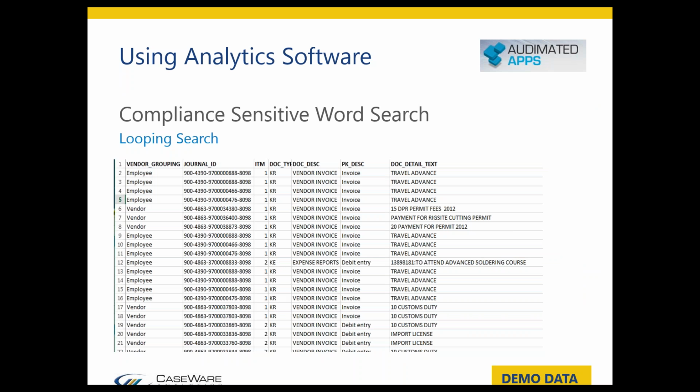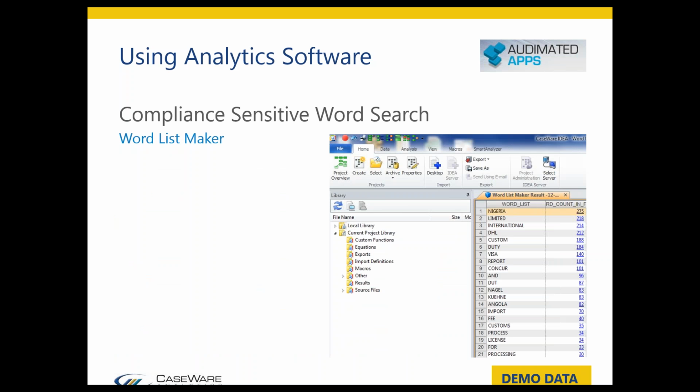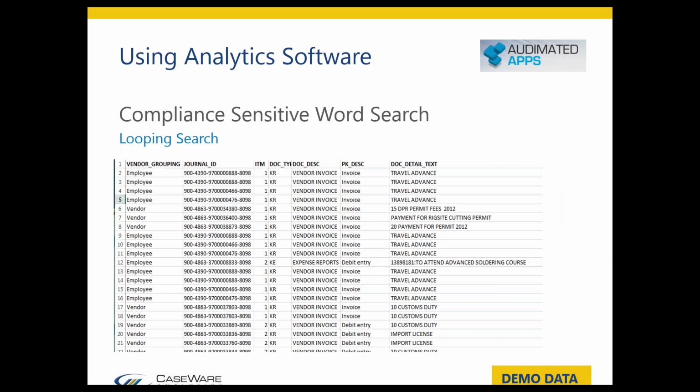Here's our compliance-sensitive word search. You can use the looping search that's available. It's pretty cheap on the automation side. If you have a list of compliance-sensitive words, I'm happy to provide that to you. My slide doesn't have it on here.